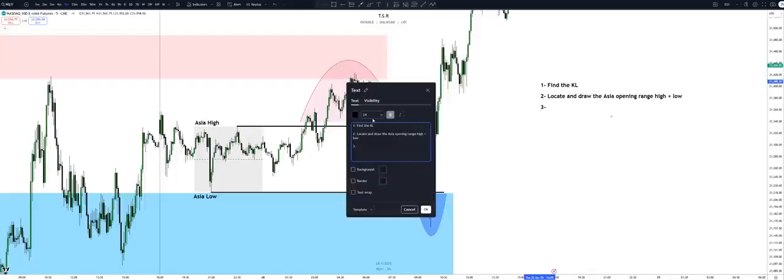Okay, so step number 3 is to look for a turtle soup of an Asia range high or low while tapping into a key level. Okay, so look for a turtle soup, TS standing for turtle soup, of the Asia range while testing a key level.